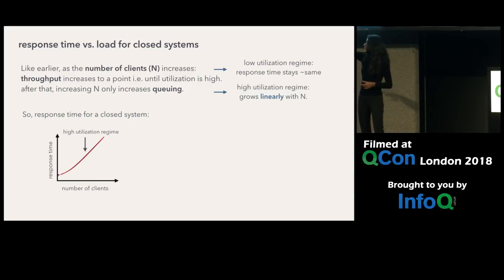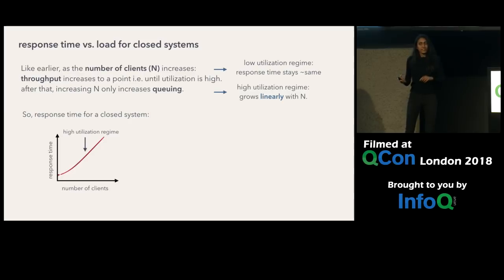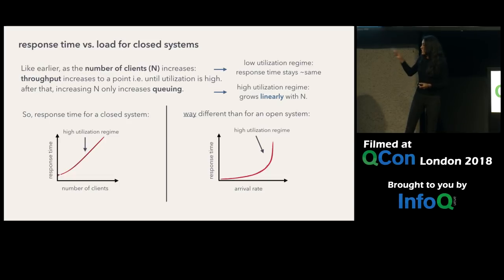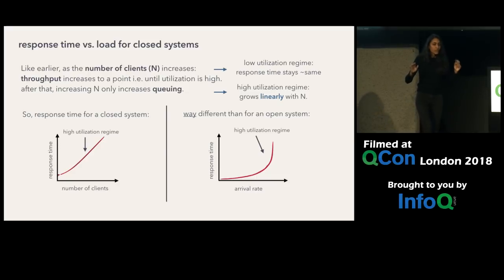Initially it stays pretty flat. You can't see that portion very well in this picture, but then it becomes a line. This is way different than the corresponding graph for an open system, which looked like this. In the high utilization regime, if we allowed the queue to grow unbounded, response time would tend to infinity.